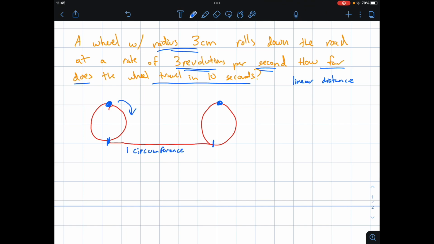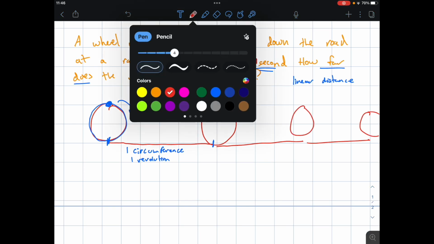As the wheel turns all the way around, we cover one circumference of the wheel. So that's one circumference per one revolution. And we do this in 1 second. We do this 1, 2, 3 times. Oop, and we're off the page. Oh well.